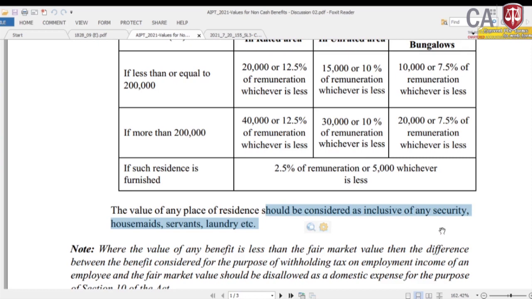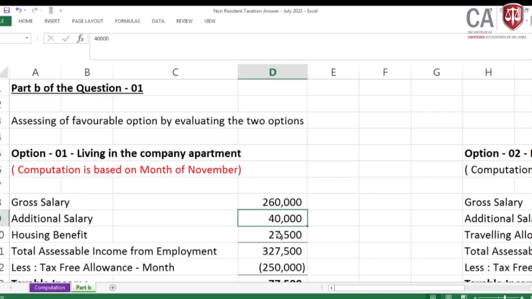If you have mistakenly included that 30,000 also, your computations get messed up. The value of the place of residence should be inclusive of the security, housemaids, servants, laundry, all these things. Done? Therefore, we will come to the answer with all this understanding.